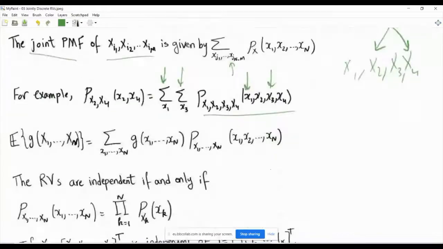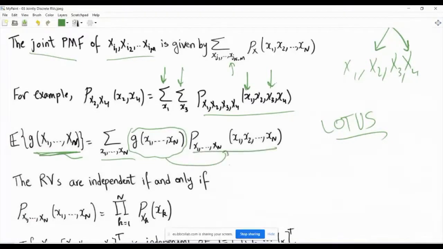Now, the expectation of a function of those random variables. This is not new, this is LOTUS, the law of the unconscious statistician. If you want the expectation of a function g of the random variables X1, X2, till Xn, you take the possible values of the function, and you weight each possible value by its respective probability.